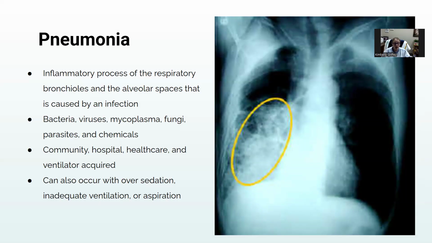It can be hospital acquired, community acquired, and ventilator acquired. It can also occur if you are over sedated, if you have inadequate ventilation, or if you develop aspiration. So pneumonia can be caused by all kinds of things.